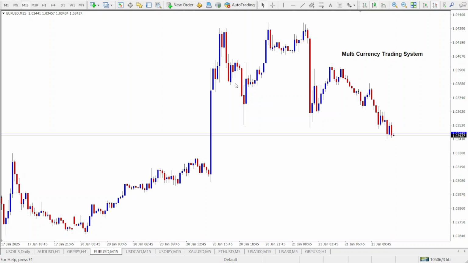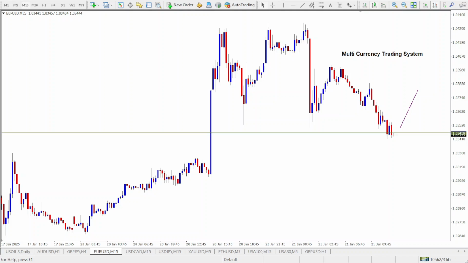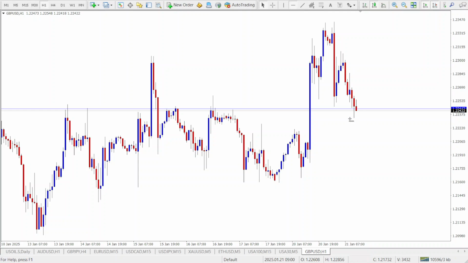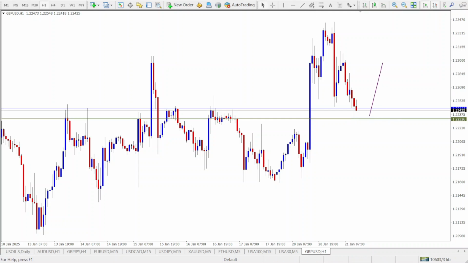For example, if you are long on both Euro USD and GBP USD, because both of them are positively correlated, you are basically doubling your exposure to the Euro and the British pound, and this increases your risk.